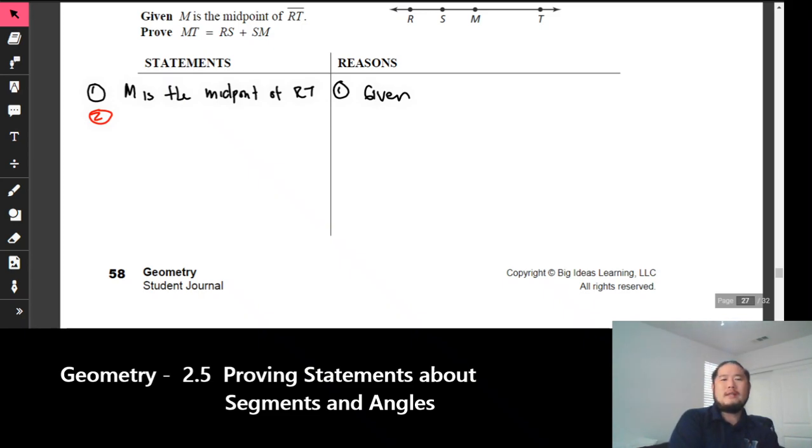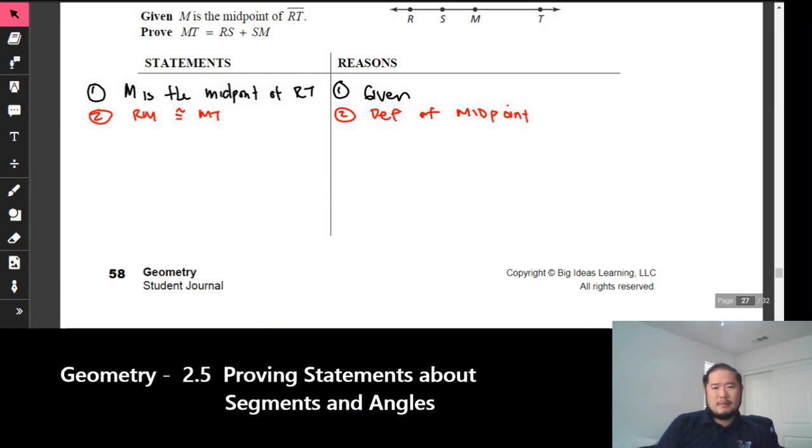So what I'm going to go ahead and say next is that since M is the midpoint of RT, I'll go ahead and say RM is congruent to MT. Reason, definition of midpoint. Right. Well, if you think about a midpoint, it's going to split a segment in half and create two congruent parts. And so that's what we can go ahead and say that RM is congruent to MT.